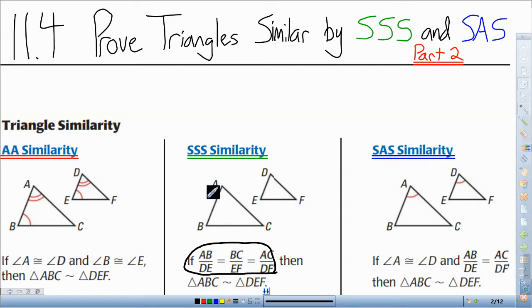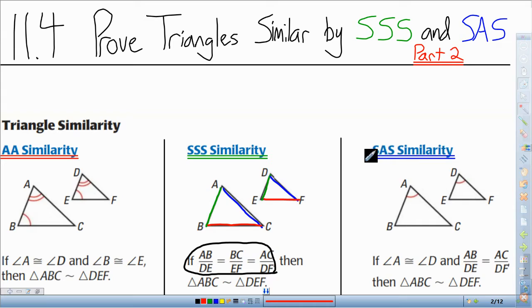If you wanted to color code them in your notes, it wouldn't be a terrible idea. AB over DE, BC over EF, and AC over DF. If all of those ratios are equal, then that's enough for us to say, all right, they are similar triangles.